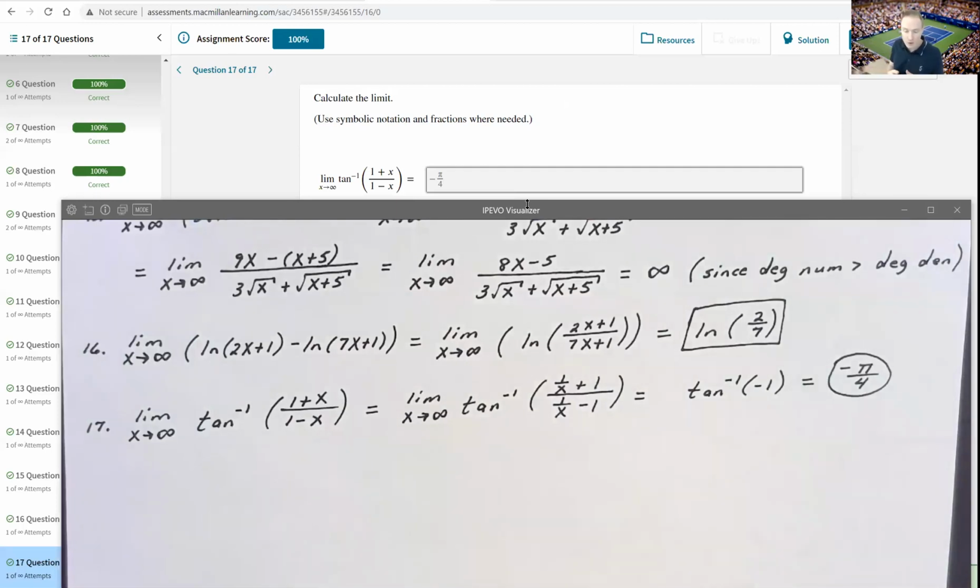So the coterminal angle to 7 pi over 4 is our -pi over 4 answer for the inverse tangent. Fortunately, it does want you to give the nice exact answer as opposed to going to your calculator and getting a wimpy decimal approximation. You shouldn't need a calculator for inverse tangent.